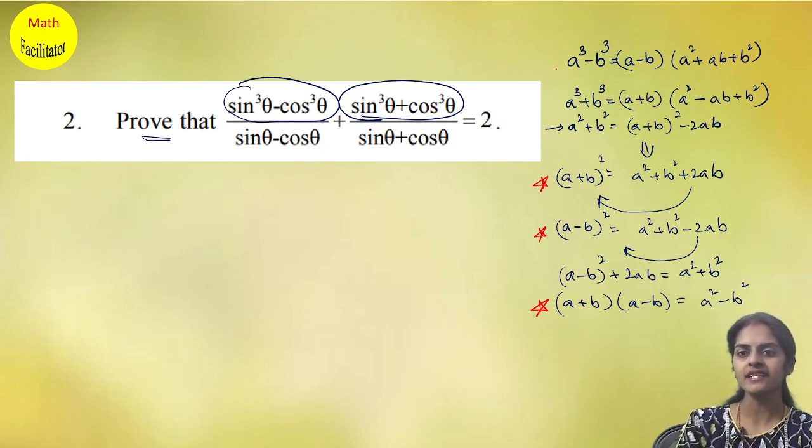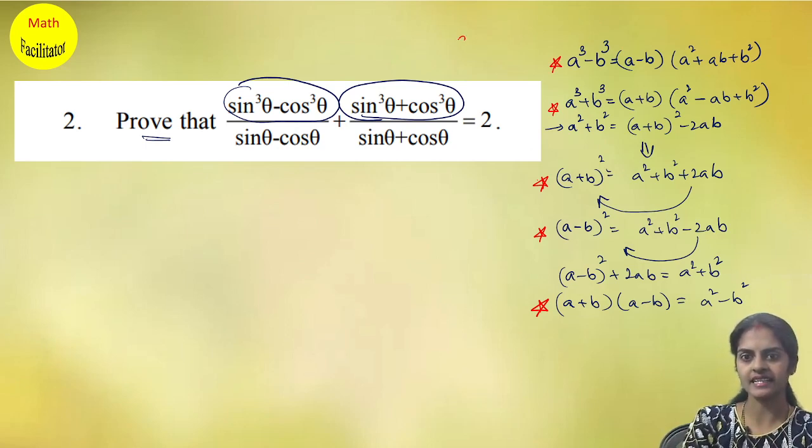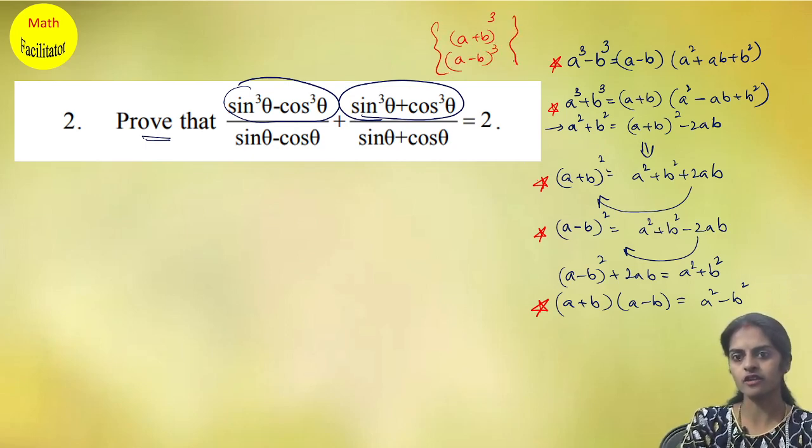And along with that, A cube minus B cube, A cube plus B cube. Okay, these are most important. And sometimes you may also need the identity A plus B whole cube and A minus B whole cube. Okay, I'll make a separate short video on the identities. So A plus B whole cube, A minus B whole cube also sometimes you may need. So here, if you identify the identity I need, A minus B whole cube and A plus B whole cube.